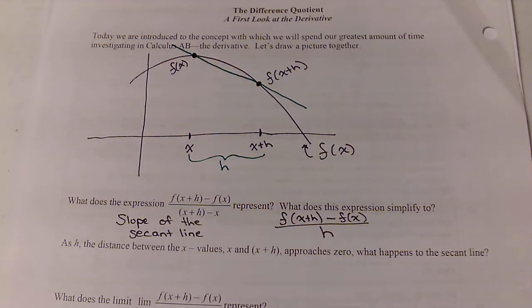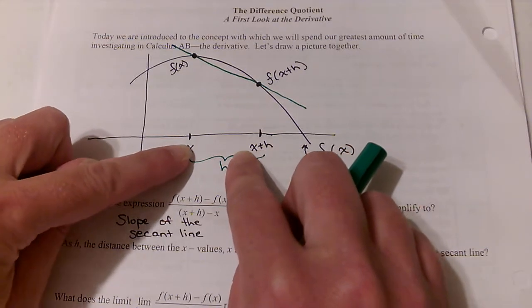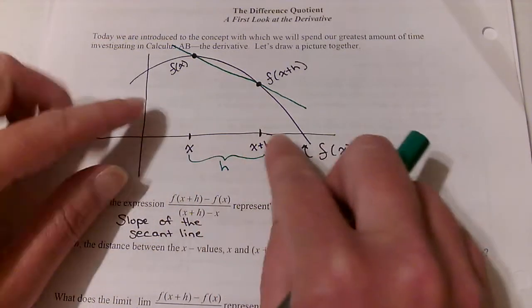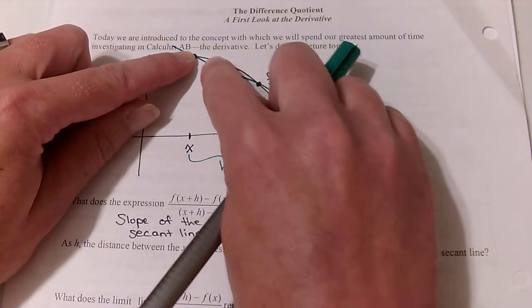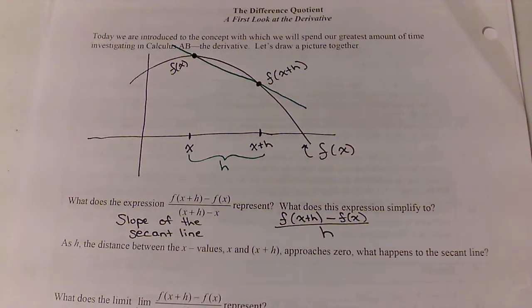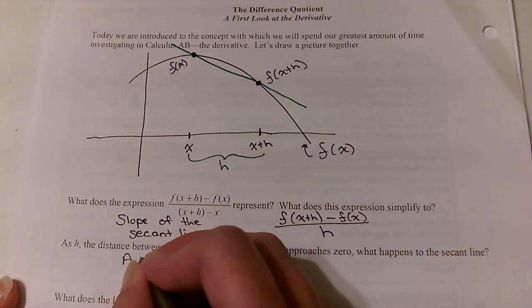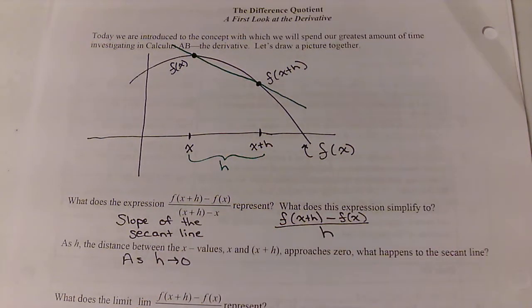So what happens as we get this distance smaller and smaller and smaller? Well, our line's going to move, I can move it to there, I can move it to there, I can move it to there. As we take that distance and make it approach 0, let me write that mathematically, as h approaches 0, what happens to the secant line?